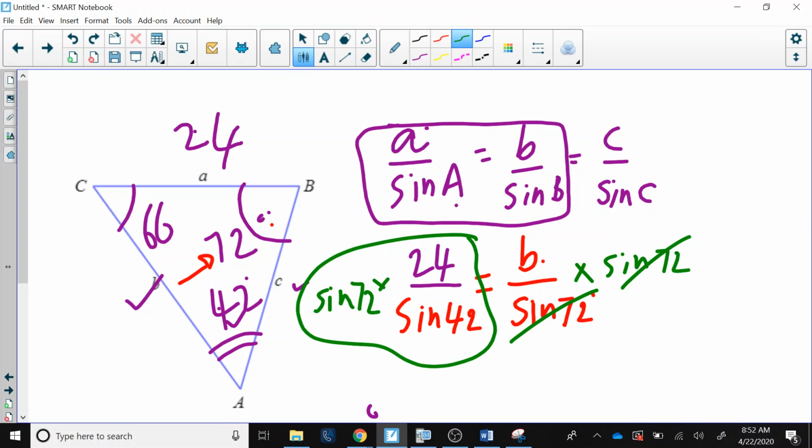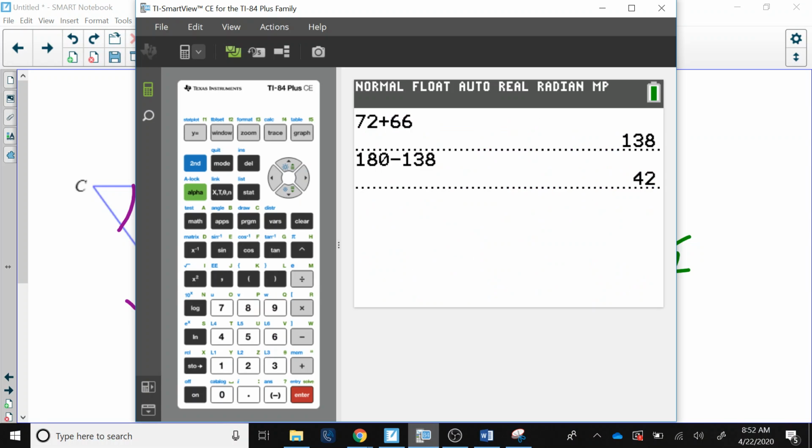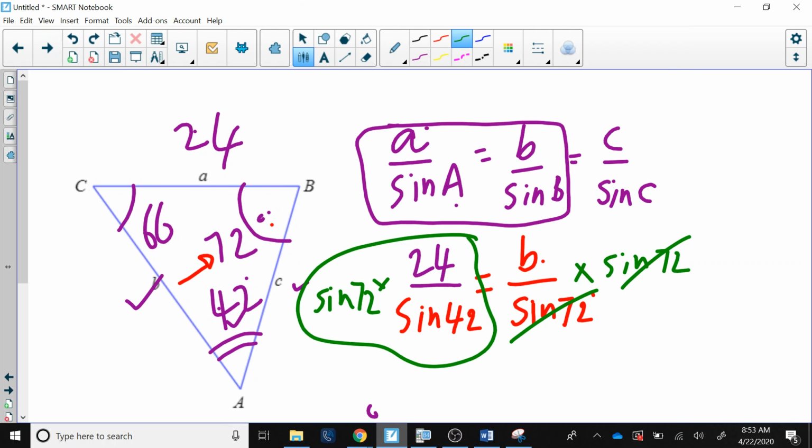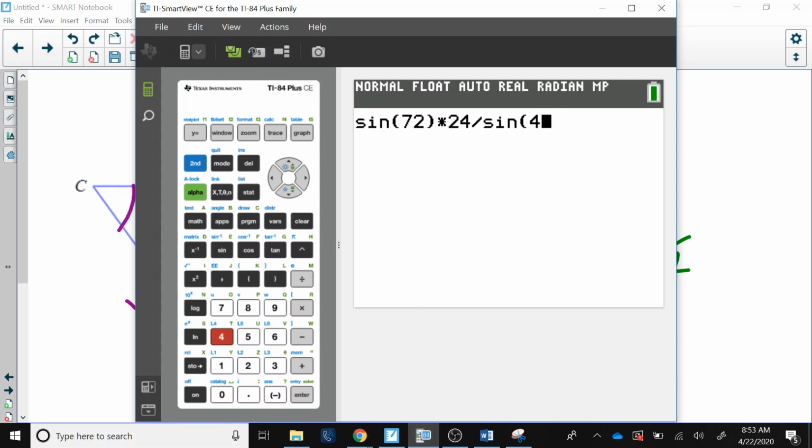I'm going to go to the calculator, clear everything: sine 72, close the parentheses, times 24, divided by sine 42.